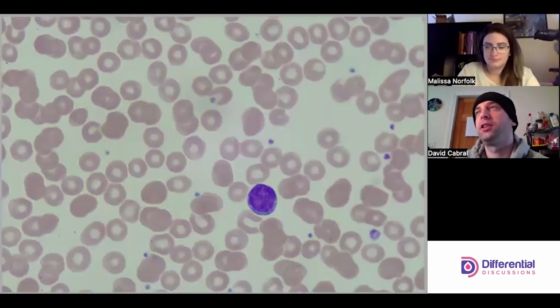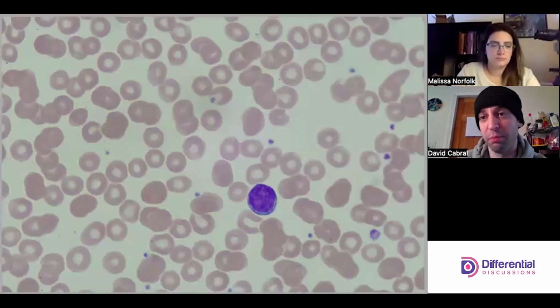When we have criteria like calling reactive lymphs or atypical lymphs, whatever the institution chooses to do, we need to have a uniformity amongst our techs, the people that we work with. So when Melissa and I do a diff, we get statistically and clinically within a similar range, right? Like we tell the same narrative of the blood smear.